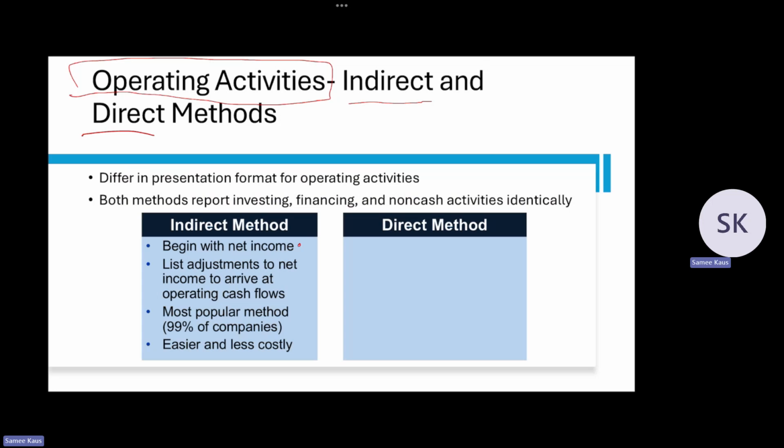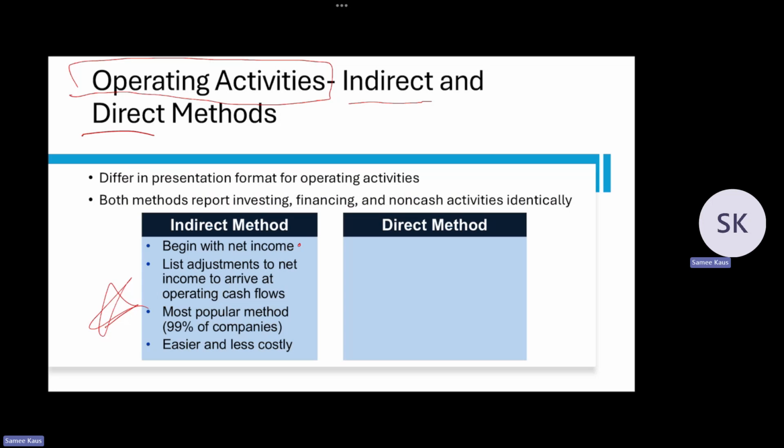So what we saw at the beginning of this slide deck was what is presented as an indirect method. The indirect method is the most popular method. I put in here 99% of companies choose to use the indirect method because it's easier and less costly to really go in and analyze all of that information. So for that reason alone, that's what we're going to focus on, okay?